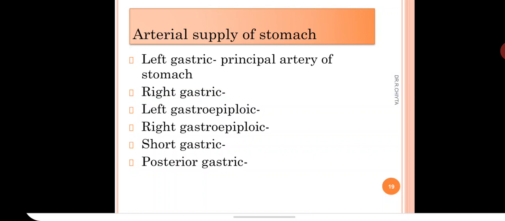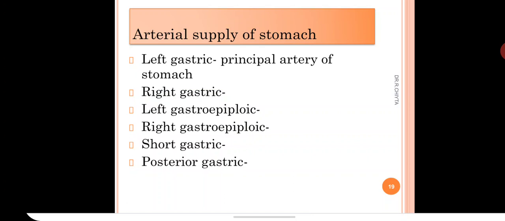Left gastric artery is the direct branch of the celiac trunk. So now in this arterial supply, you should bring the celiac trunk branches to mind. It supplies the upper two-thirds of the stomach.